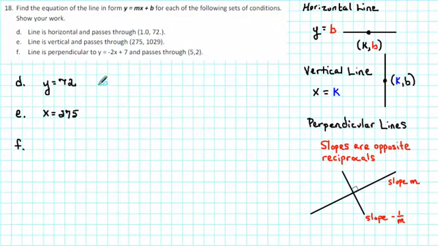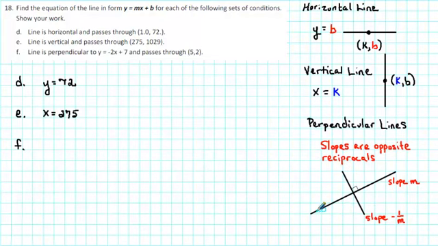For F, the condition is that the line is perpendicular to y equals negative 2x plus 7 and passes through the point (5, 2). What we need to recall here is that if two lines are perpendicular, then their slopes are going to be opposite reciprocals of each other. If one line has a positive slope, then the perpendicular line will have to have a negative slope.